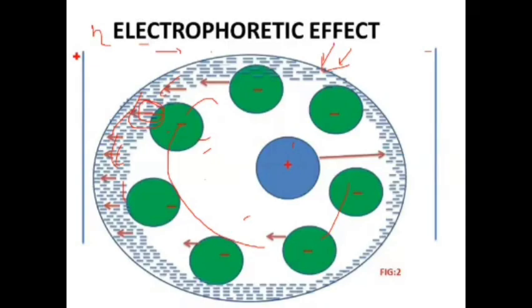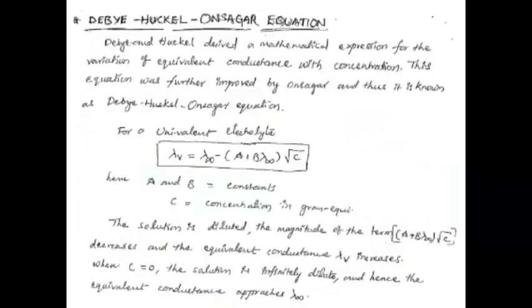So next one, that is the Debye-Huckel-Onsager equation. So what is the Debye-Huckel-Onsager equation? Debye and Huckel derived a mathematical expression for the variation of equivalent conductance with concentration.